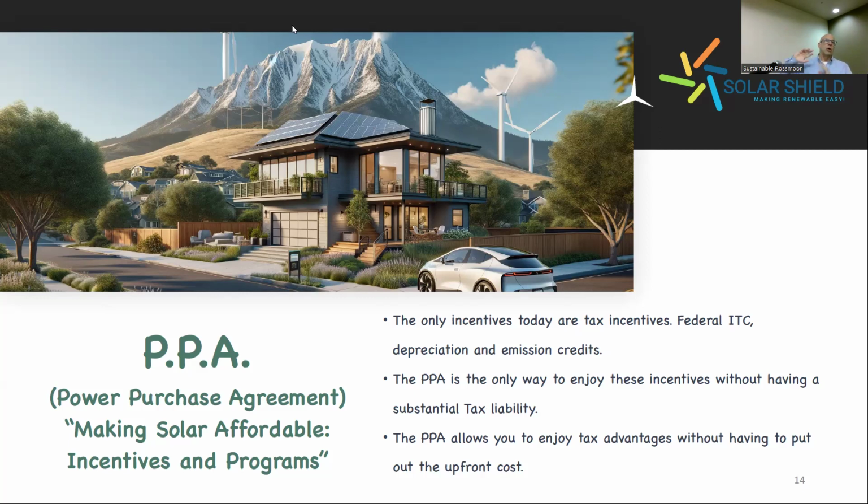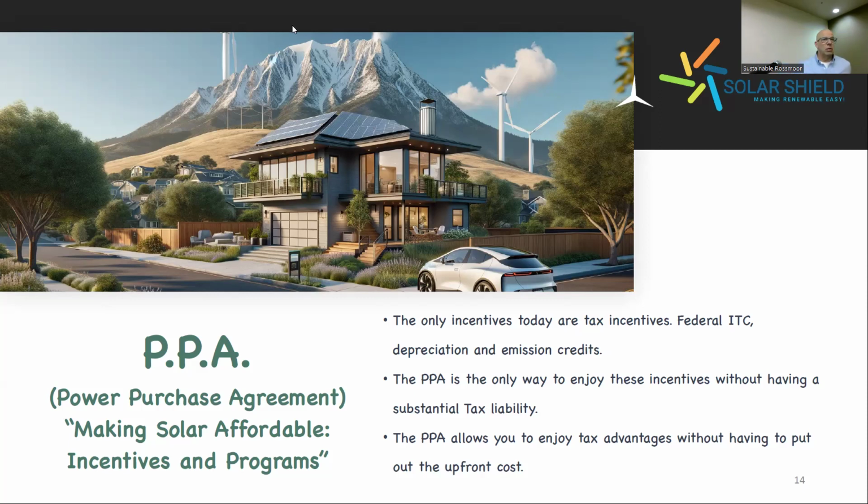Now, they can always enjoy the tax advantage, us, not always. Some of us don't have the income for it. You have to offset it against your actual taxes, and if you're already in a low tax bracket, maybe you can't. With a PPA, you get that advantage even if you don't have the ability to enjoy a tax credit.